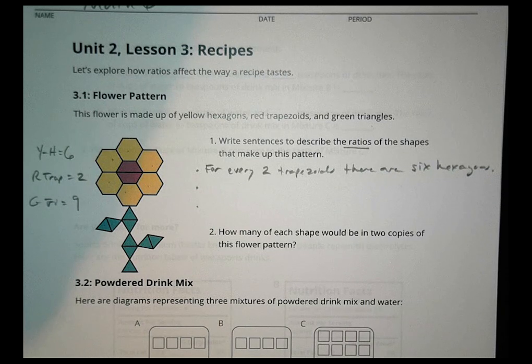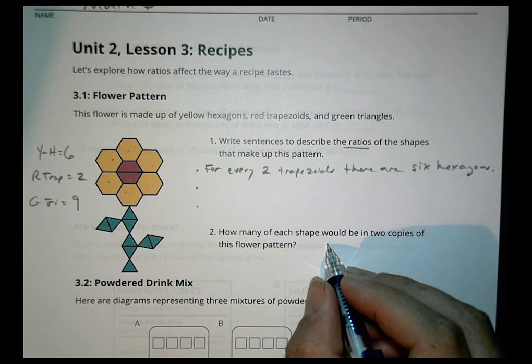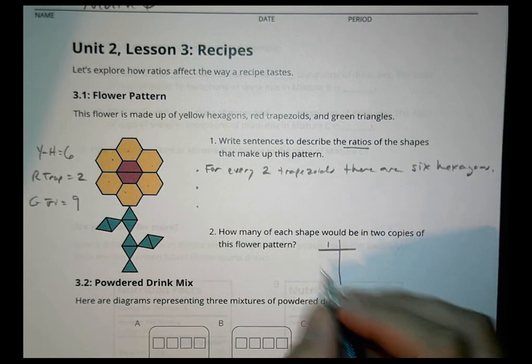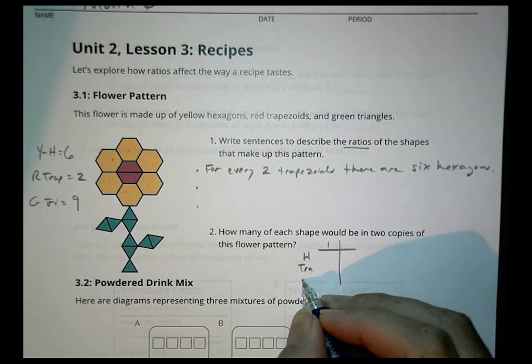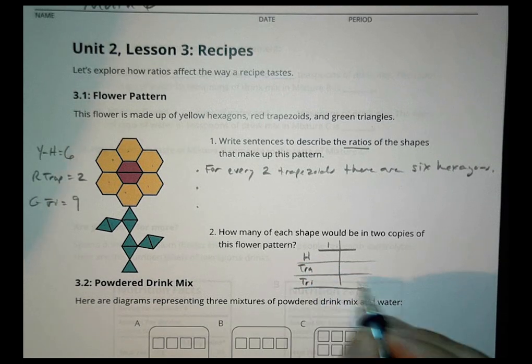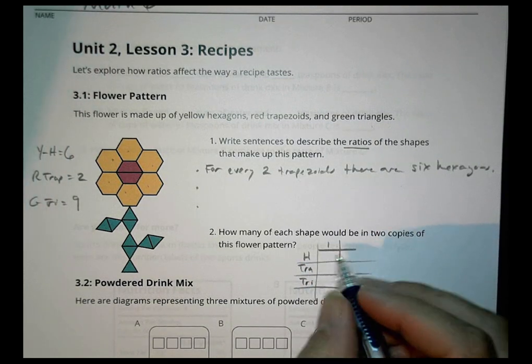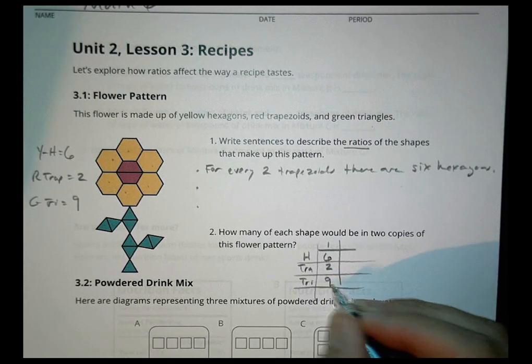Question 2. How many of each shape would be in 2 copies of this flower pattern? Initially, for 1 copy of the flower, we have the hexagon, the trapezoid, and the triangle. Let's draw a little table here. When we had 1 copy, we had 6 hexagons, 2 trapezoids, and 9 triangles.